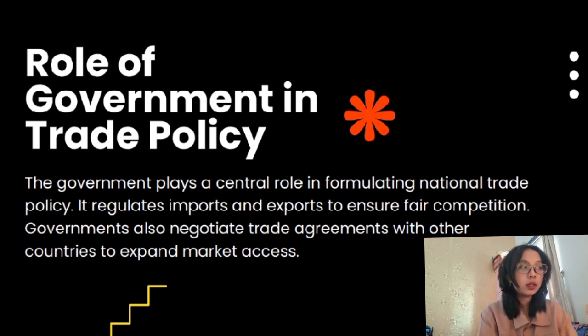In addition, policies are designed to support domestic industries and improve their competitiveness. Governments also monitor the trade balance and adjust policies when necessary. Through these roles, governments influence the direction of international trade and economic development.